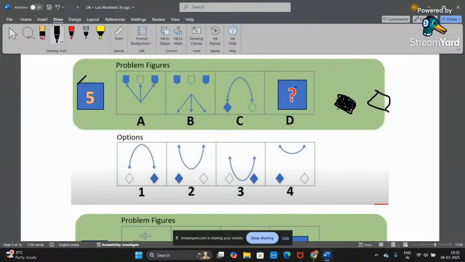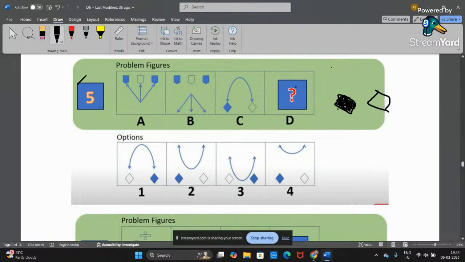Here, the curve which is given is in this direction. But in this A option, the direction is changed. In A the direction is upward, in B it is downwards. The directions are downwards. So C, it is downwards.